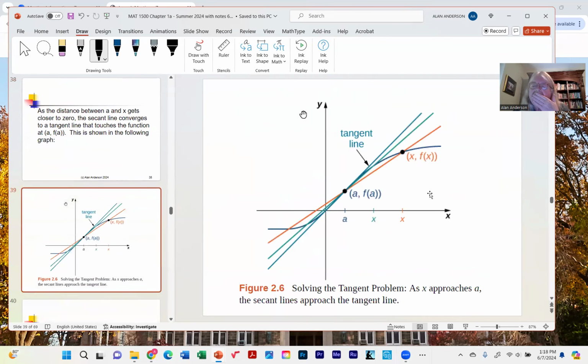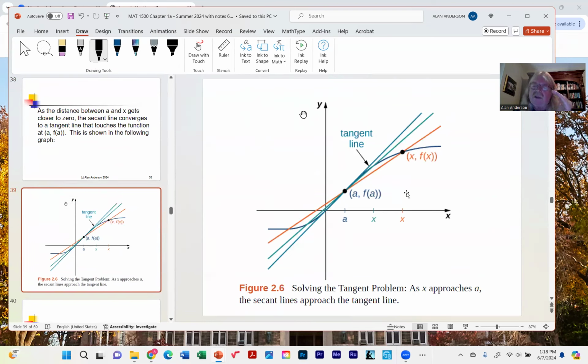Okay. And well, okay, now they've got another one in there. And you can see we're getting closer and closer and closer. And when the two are infinitesimally close to each other, what will result is the tangent line, meaning that it touches at exactly one point.